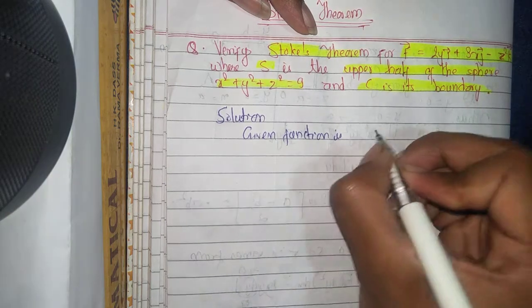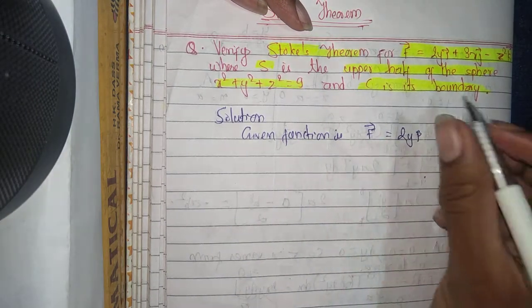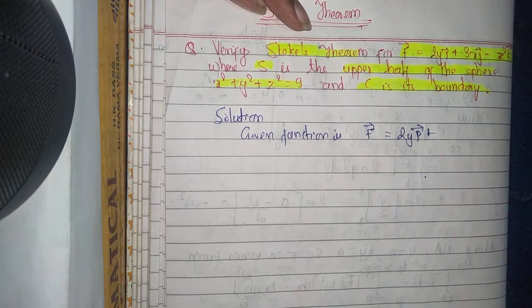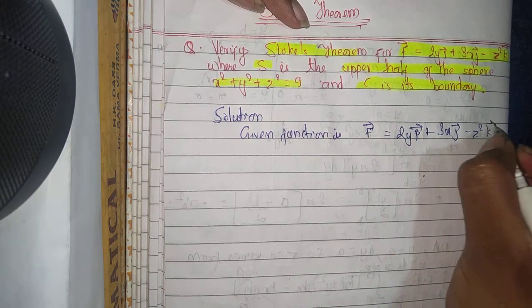Given function is f vector equals 2y i vector plus 3x j vector minus z square k vector.